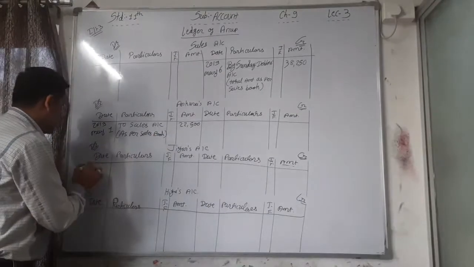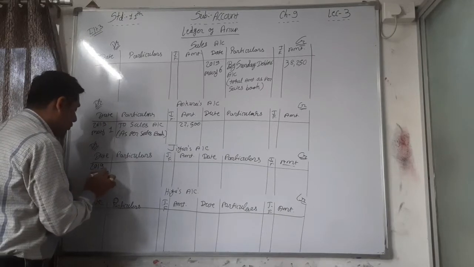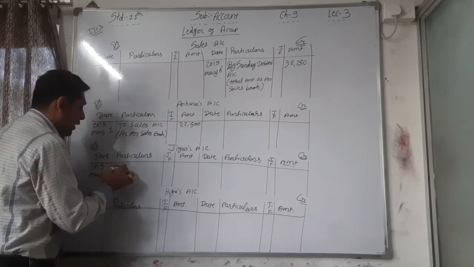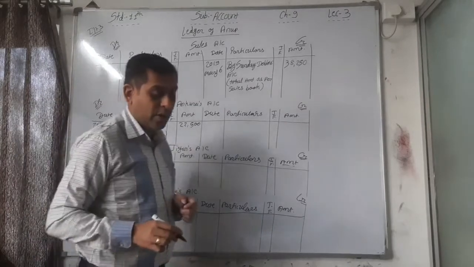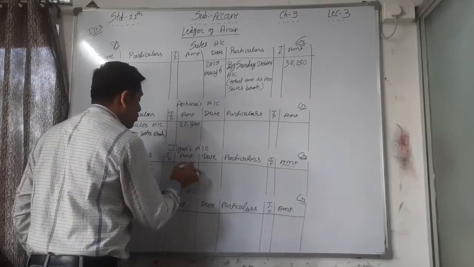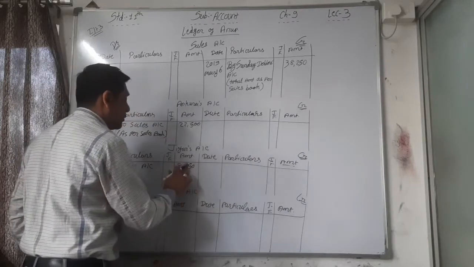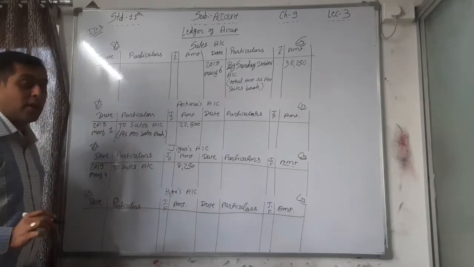Same way, 2019 May 4, to sales account, same amount, it is only Jigar's amount. Jigar's amount is what? 8,250, that is 6,600 plus 25% profit, that is 8,250.